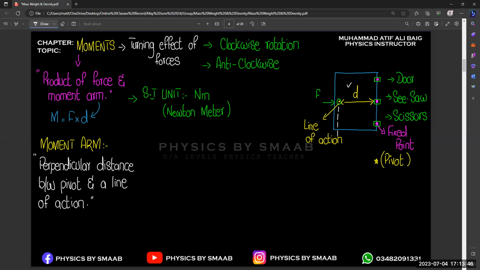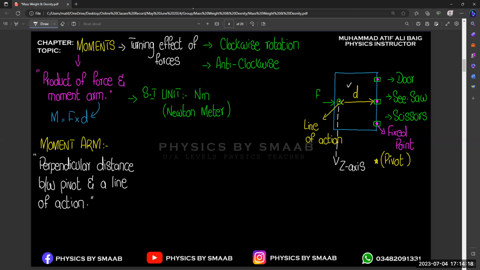When we pull the door, we pull it in this direction, and basically this is on the z-axis, the third axis of the 3D diagram. This is not on the vertical or y-axis, this is on the z-axis. It means the door is coming out from the screen, just like in a 3D movie where you feel something is coming out from the screen. That is basically the z-axis, right?